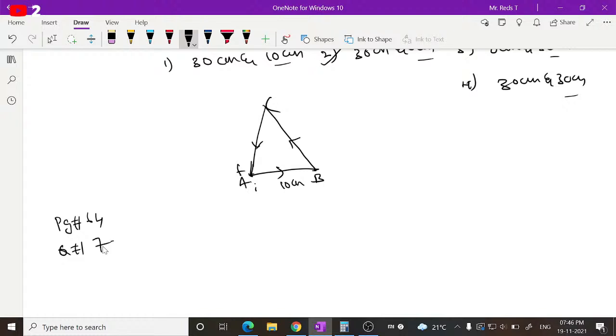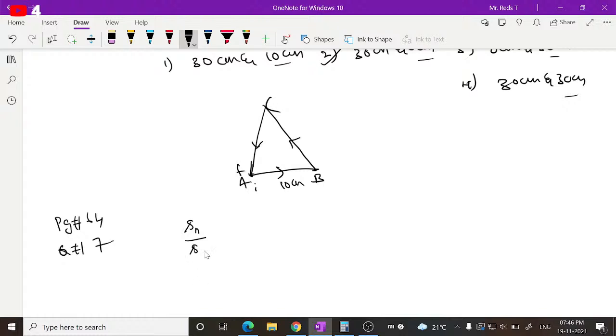The ratio of distance covered in the nth second to the distance covered in n seconds. I'm repeating the question, you can copy it down.